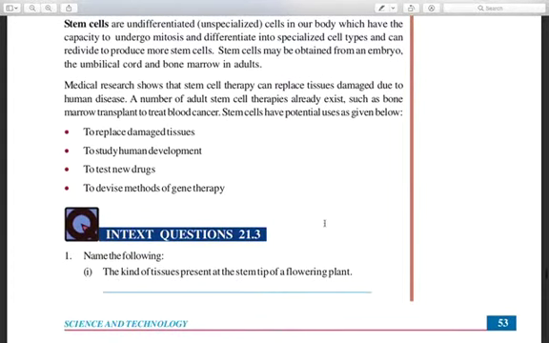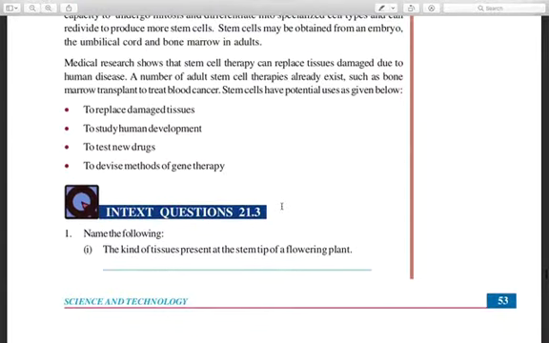Medical research shows that stem cell therapy can replace tissues damaged due to human disease. Due to some diseases, tissues are damaged, and by taking stem cells from the body, we can do research and replace those tissues. There are many stem cell therapies.